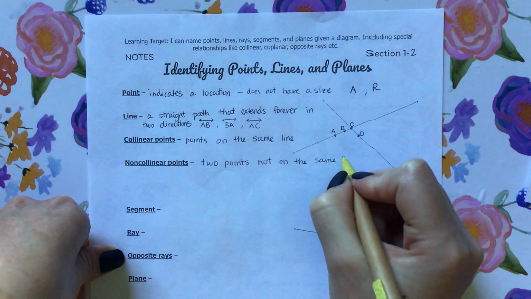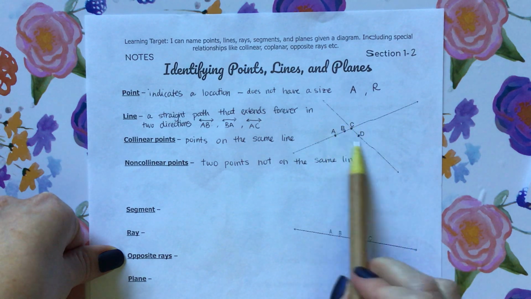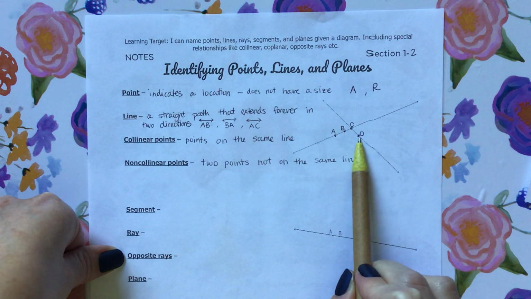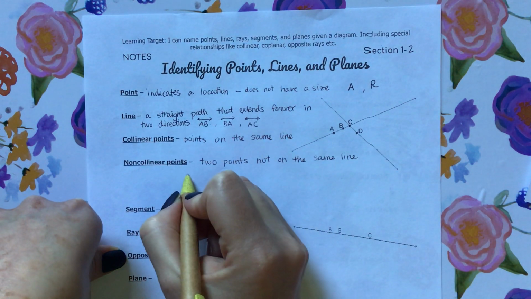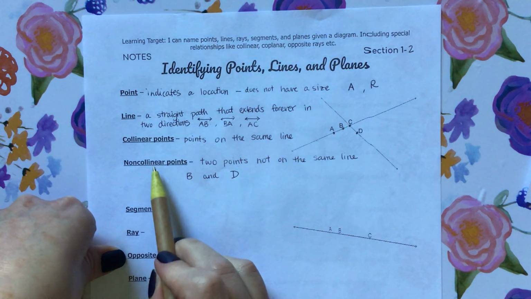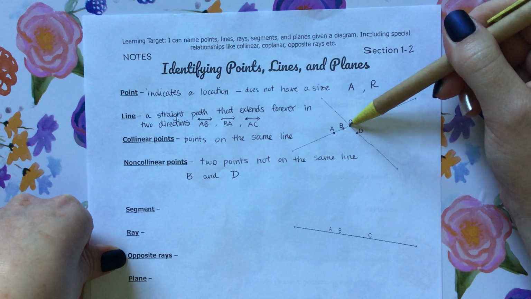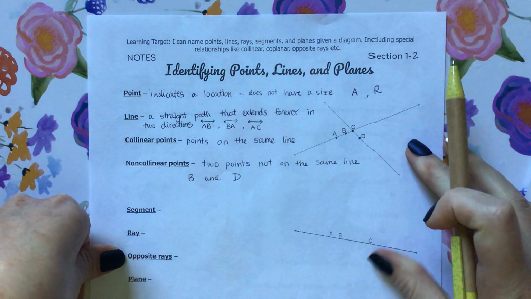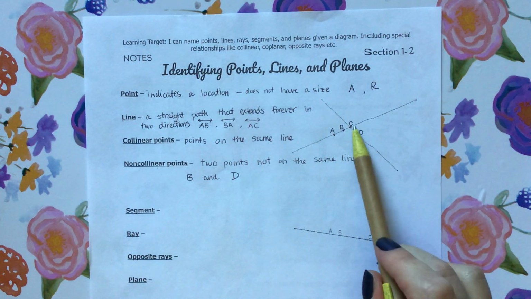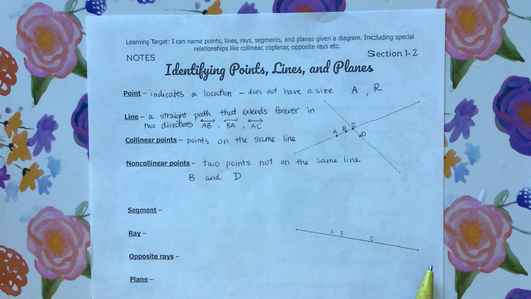So for an example, in this image, that could be point B and point D. We cannot say C and D because C marks the intersection of these two lines, so C is just falling on both of them at the same time. So C is collinear with A and B and D, since it's right in the middle.